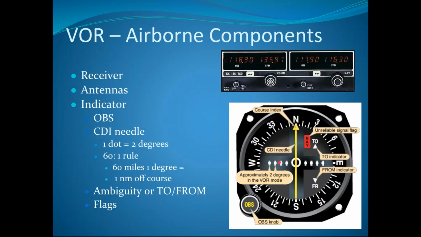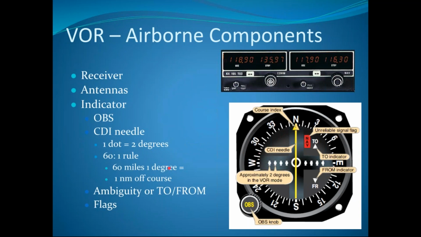But let's say that we're not quite on that radial, this CDI needle will sway to the left or to the right. And when it sways to the left or to the right, 1 dot equals 2 degrees. So 2 degrees off from the station.